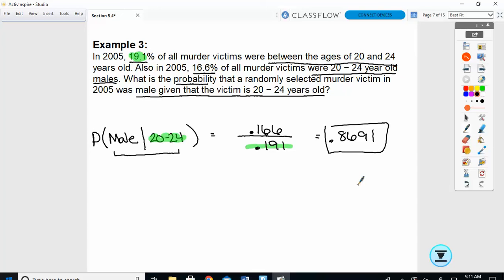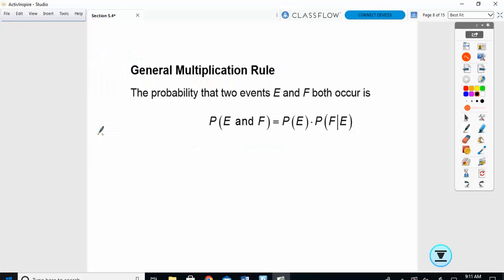We use these conditional probabilities when we are trying to find the probability that two events happen when they are not independent. So our multiplication rule that we used last week required independent events. If they are not independent, then we have to use the general multiplication rule.